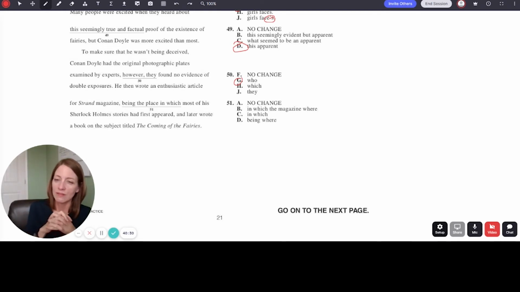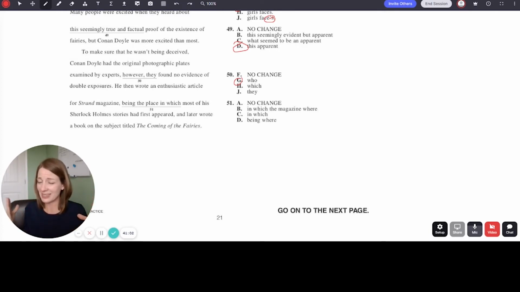Okay. 51. He then wrote an enthusiastic article for Strand Magazine, being the place in which most of his Sherlock Holmes stories had first appeared, and later wrote a book on the subject titled The Coming of the Fairies. Okay. This whole being in the place is too wordy.